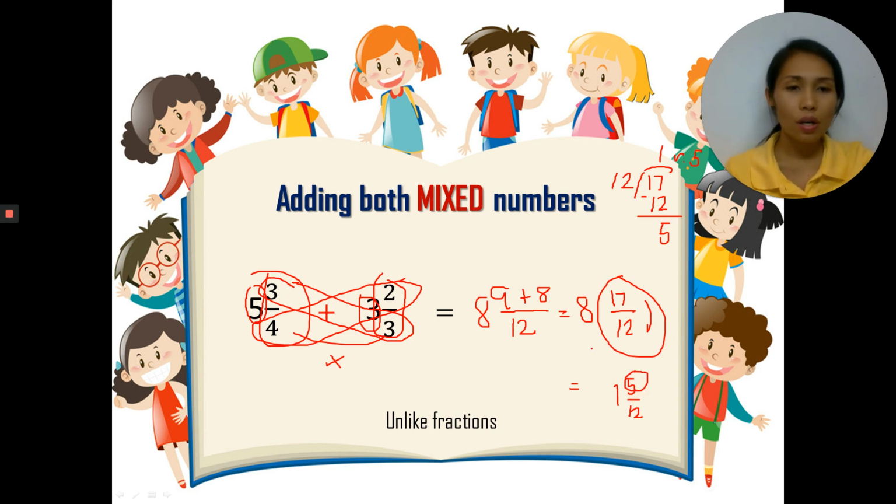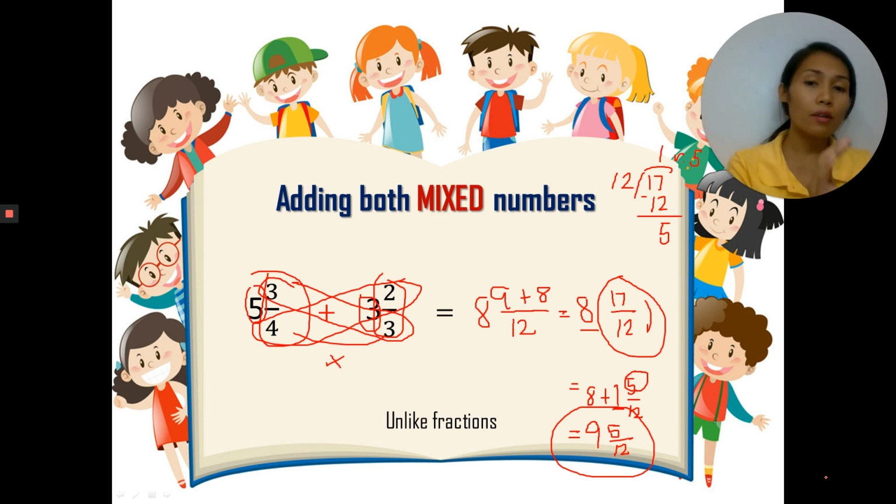Now, remember we have whole number 8 here. So we have to add that to our new whole number. 8 plus 1 is 9. And then the fraction is 5/12. So that's our final answer. All right.